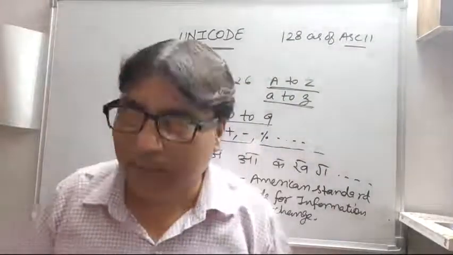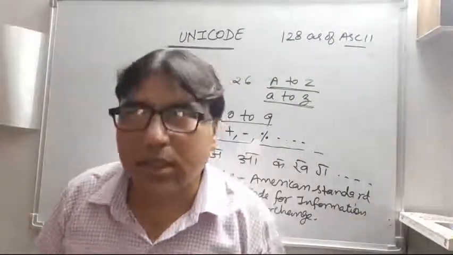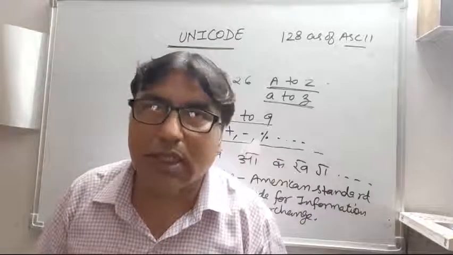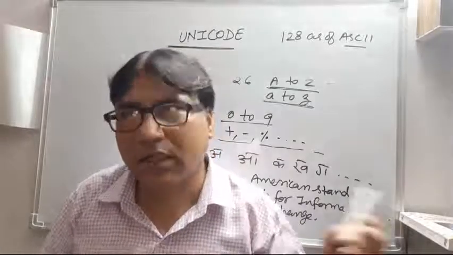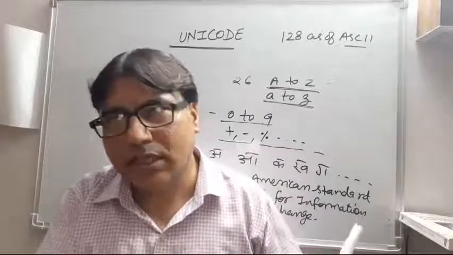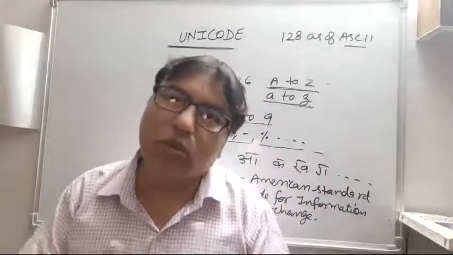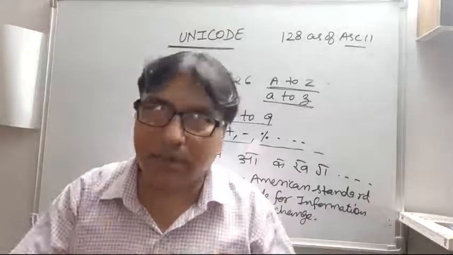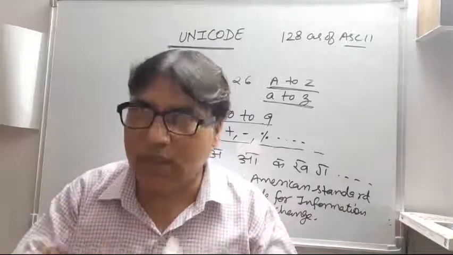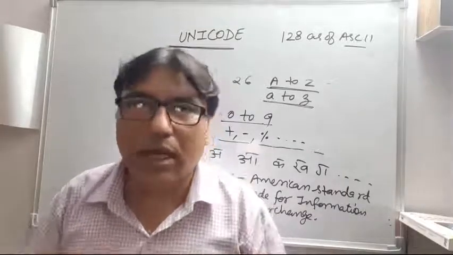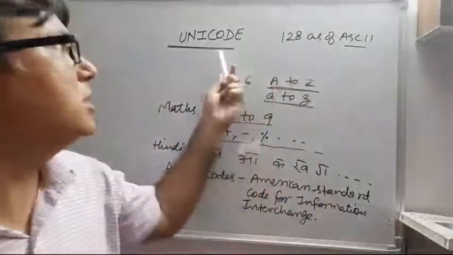Now the numbers keep on increasing day by day. Why? Because Java language is demanded in different countries. Those different countries are having their own different kinds of character sets. So new character sets are being added into this Unicode, and this is in thousands in numbers.